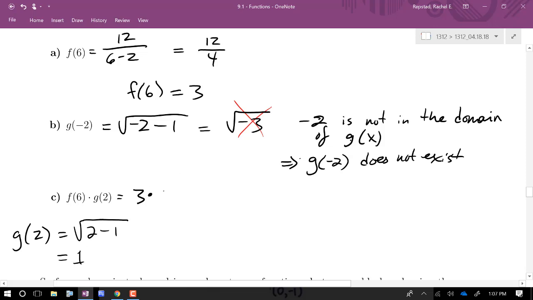So that means f of 6 times g of 2 is 3 times 1, or just 3. So far, so good.